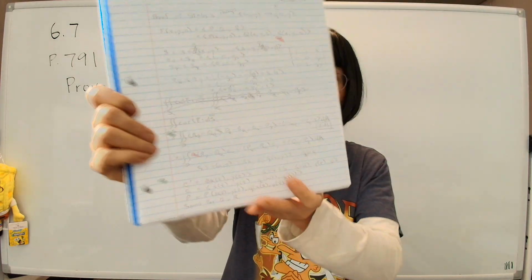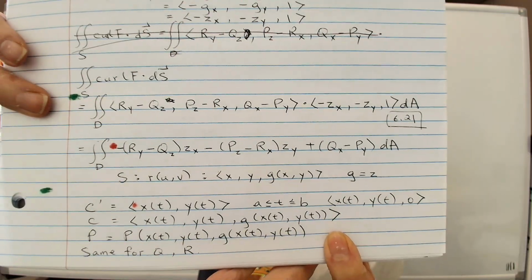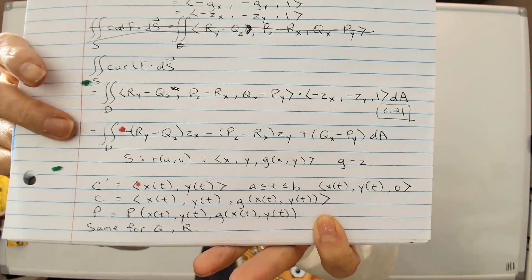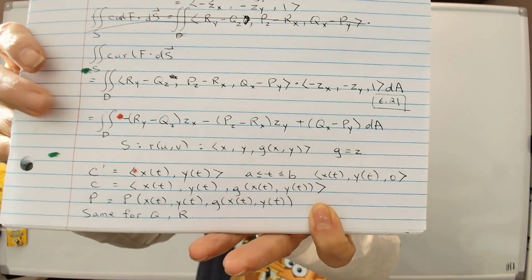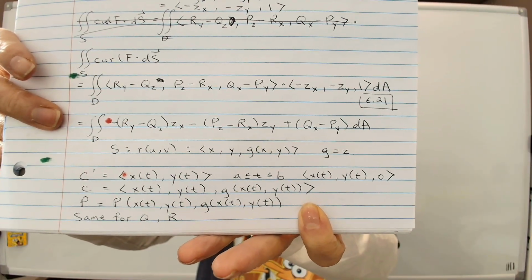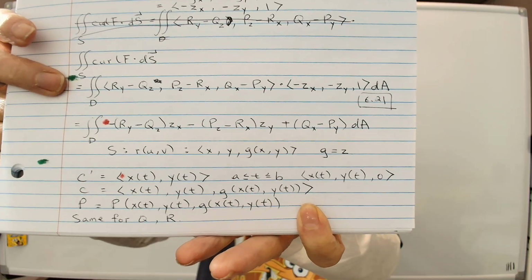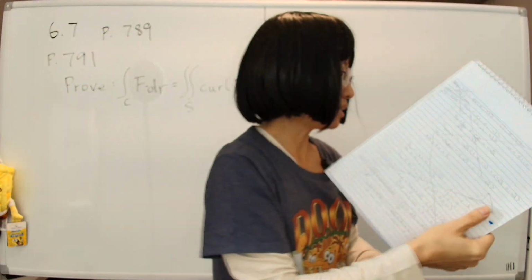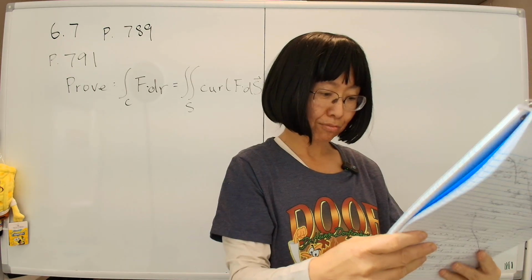So we got this equation right here. So curl F equals the dot product, which then if you carry out the dot product, ignore the red dot, it equals this thing. Okay, so far so good. We're just writing down the definition. If you carry out the dot product, we get here. All right, so far so good. And that is what your book has as well.